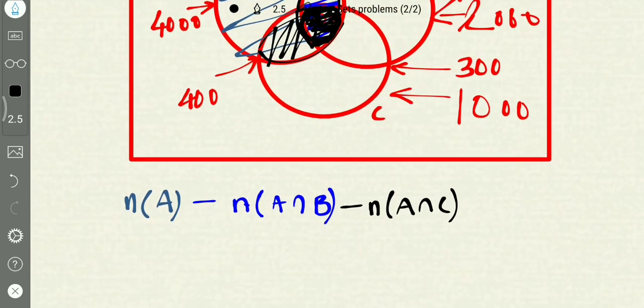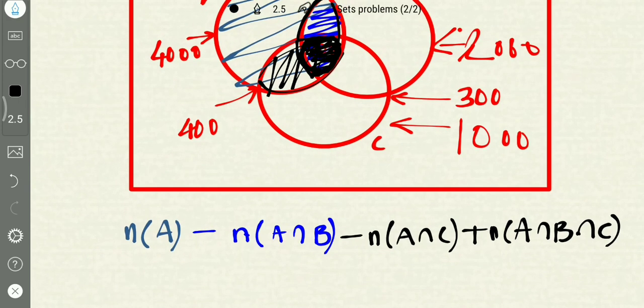So we need to add n of A intersection B intersection C.